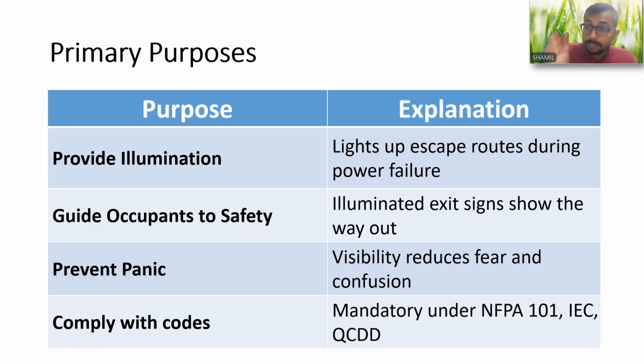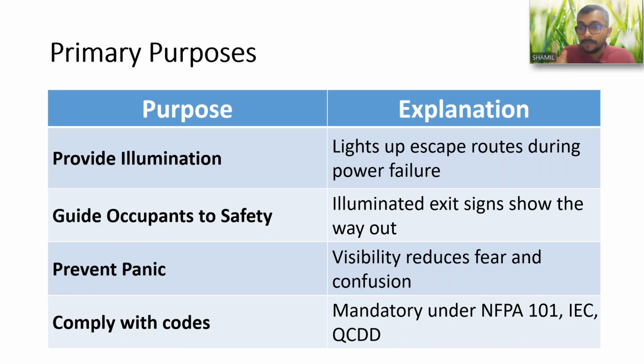And the last one is that the main purpose of having an emergency exit light is to comply with the codes. I am from Qatar, so we follow the Qatar Civil Defense regulations. We have to install the exit light and emergency light, and this is also based on the NFPA standard. The NFPA standard is a global standard which almost all countries follow.